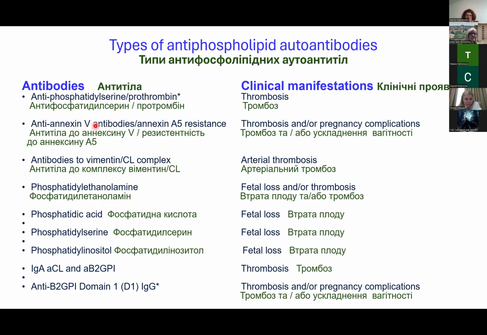Annexin 5 is an antigen on the surface of cells when they're apoptosing. So if you had a little area of tissue injury and maybe an endothelial cell that's apoptosing, it may put a little annexin 5 out on its surface, and now the autoantibodies can recognize it.